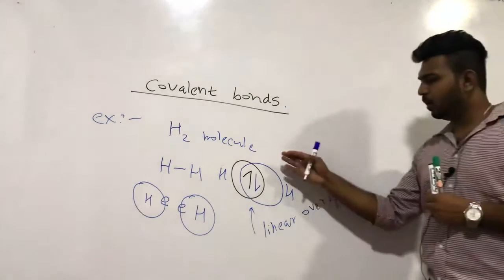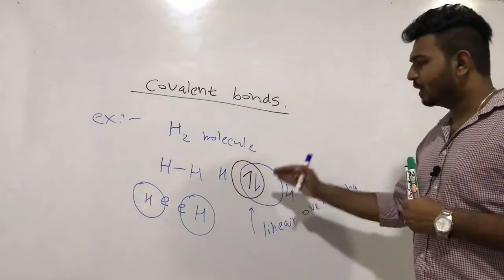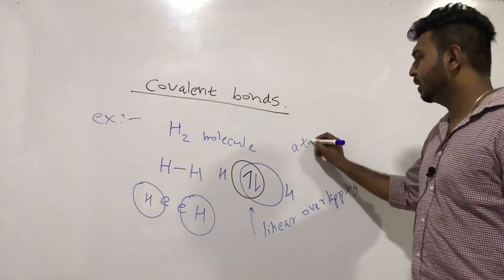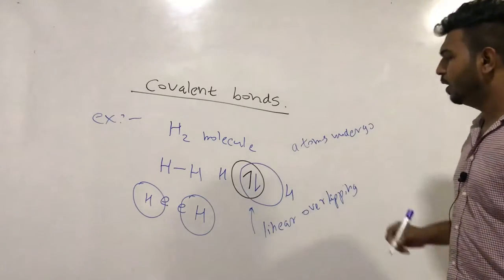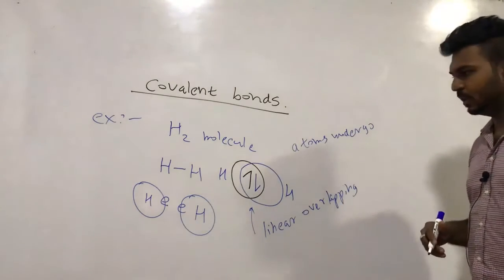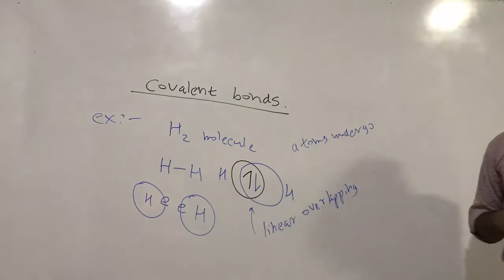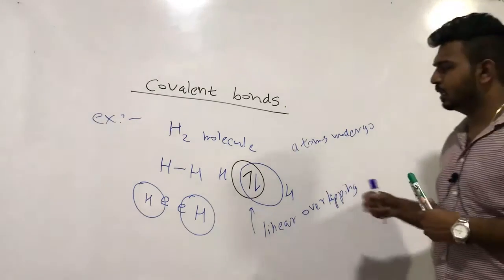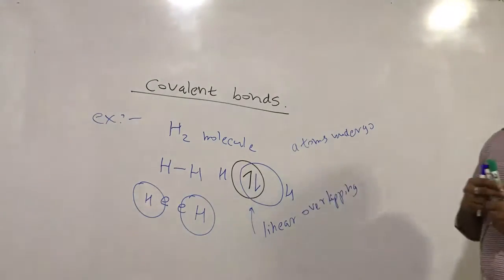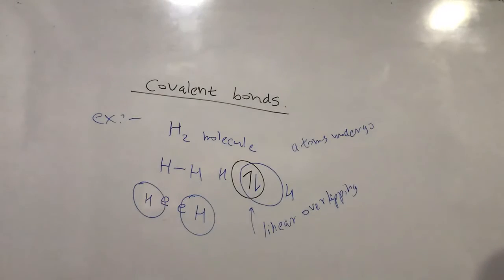Then put right below, atoms undergo linear overlapping along the internuclear axis.